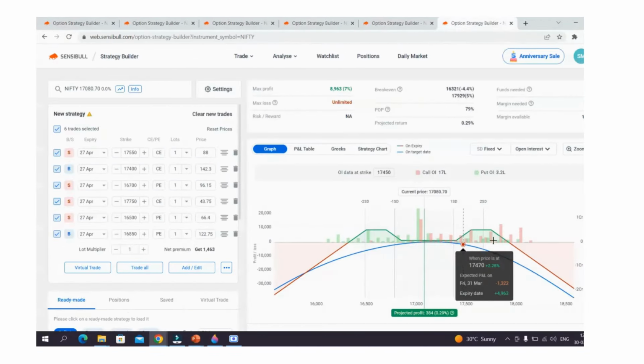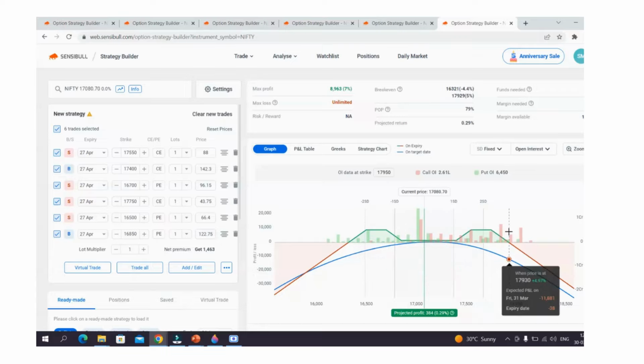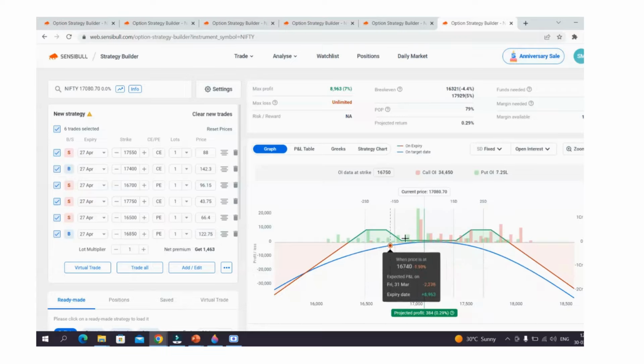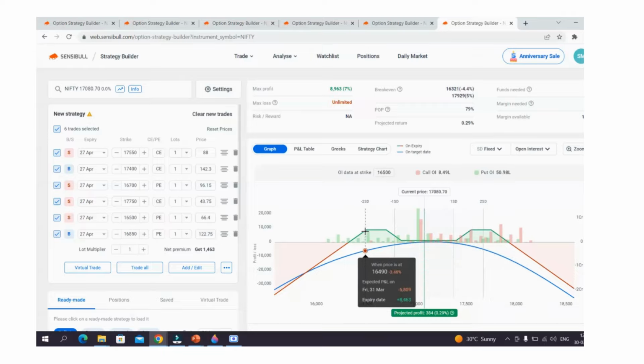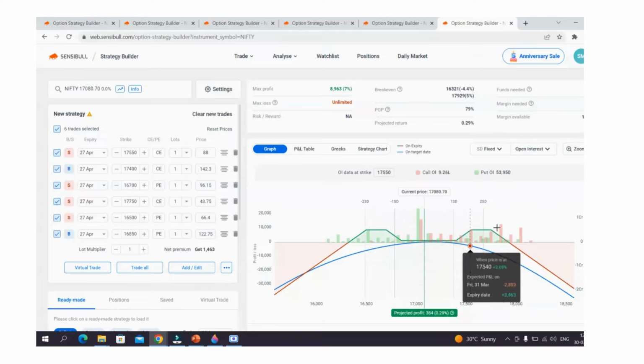Similarly, the double Jade Lizard, it's the same concept, but we have a range here. Instead of this maximum peak, we'll spread this maximum profit zone a little wider. So that's the difference between double ratio and the double Jade Lizard. There is nothing much.